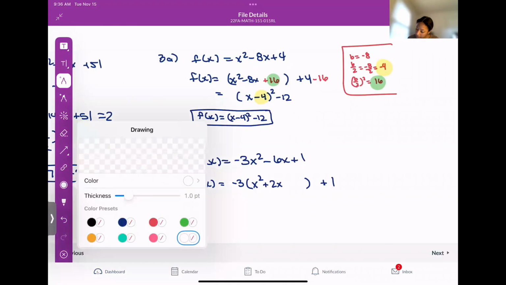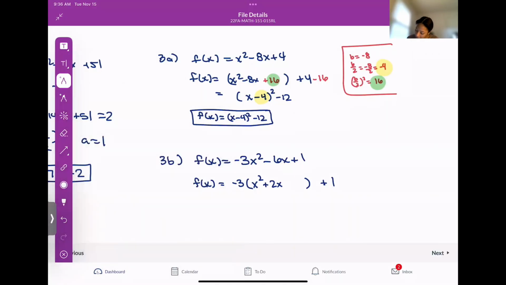So over to the side here, we're going to have to find b, and then b over 2, and then b over 2 squared. When we're thinking about what the b is, we're just looking at what's inside of the parentheses here, because that's where we're completing the square. We have the first 2 terms. We need to figure out what the last term is.